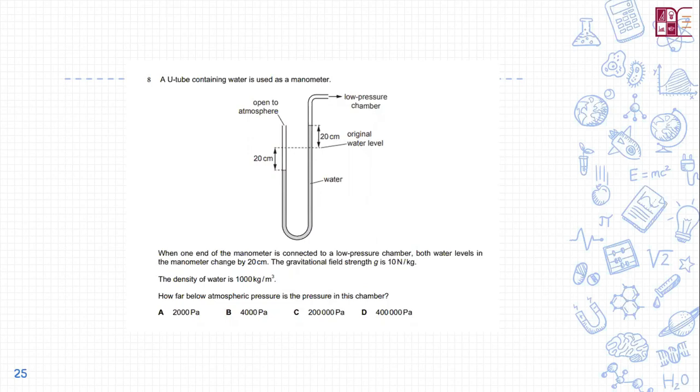So apply rho GH on this, 1000 into 10 into 0.4. All right, 0.4 meters. We're not going to take centimeters on this. Make sure that your units across the entire formula are the same for everything. So if it's meter on 2 quantities, it has to also be meter on the third one. You cannot use centimeter on one and meter on the other 2 quantities. All right. So it would probably come out to 4,000 on this one.